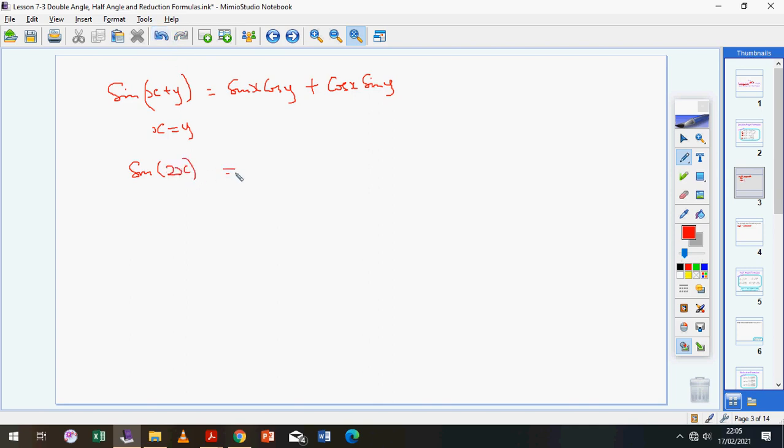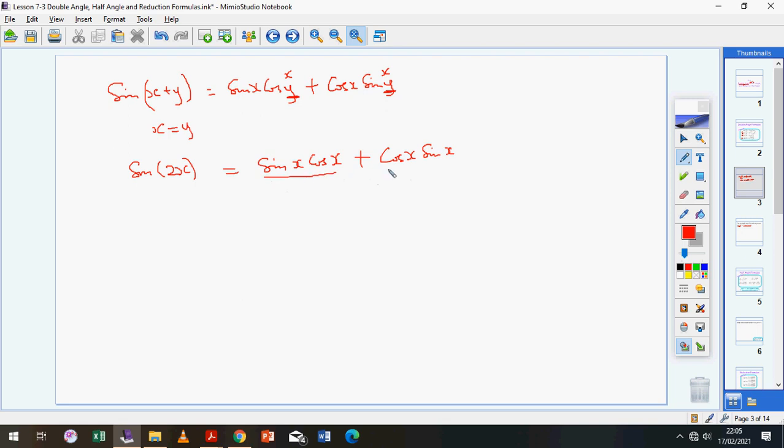So if I substitute x for y, what I end up with is sine of x cosine of x plus cosine of x sine of x. If you look at it critically, these are the same expressions.